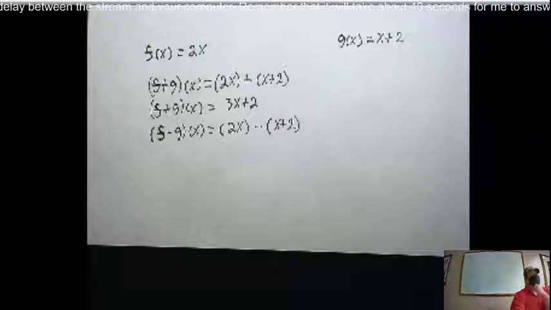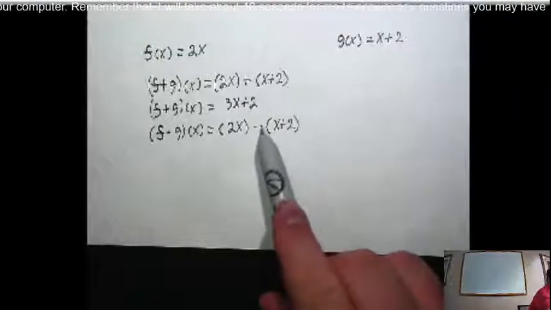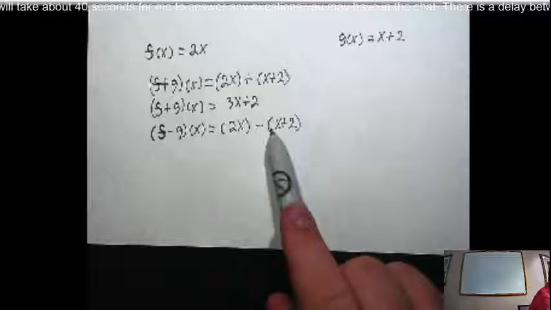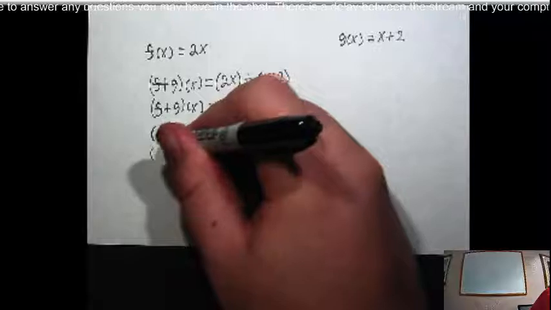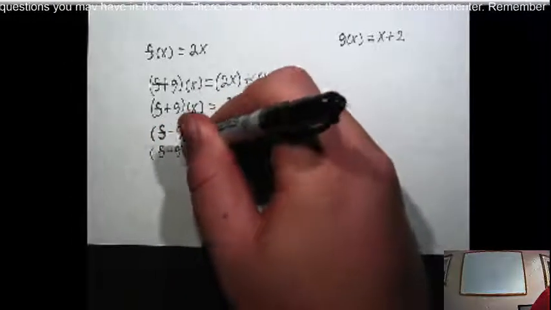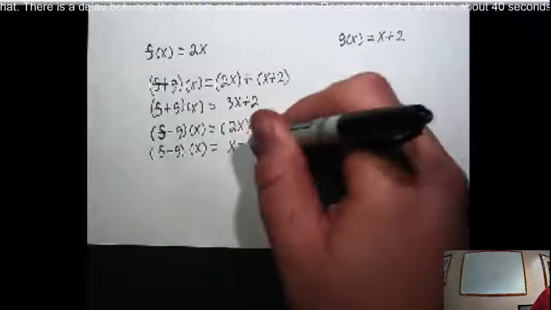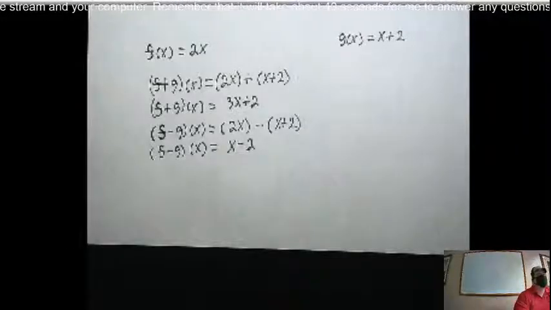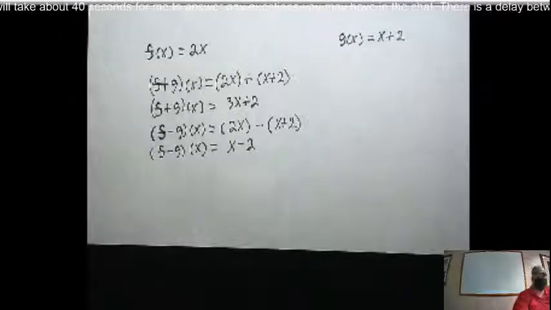All right. So once again, don't really need the parentheses except for right here. Distribute that negative into here. That makes that negative x and negative 2. So 2x minus x is x minus 2. Did we come up with any questions? Does not look like it.